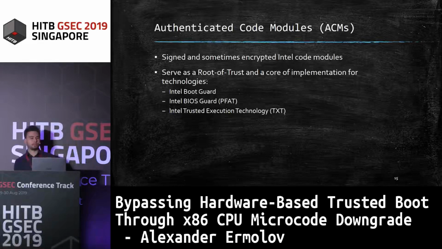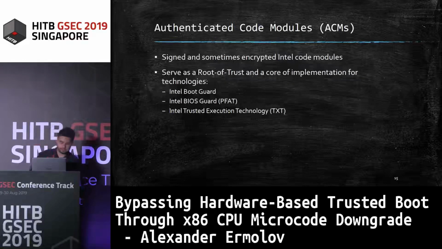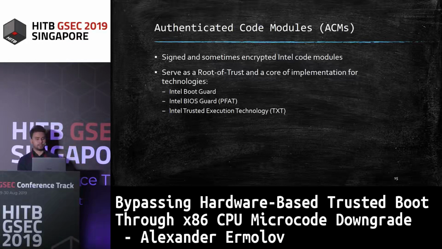So microcode loads the ACM, which verifies the BIOS, and if the verification was successful, the BIOS is allowed to be executed. The next technology is BIOS Guard, formerly known as PFAT, Platform Flash Armoring Technology.